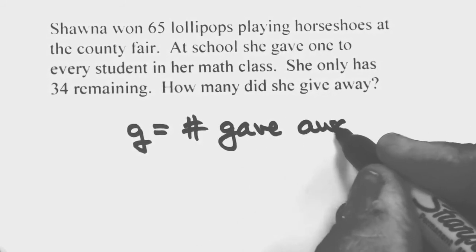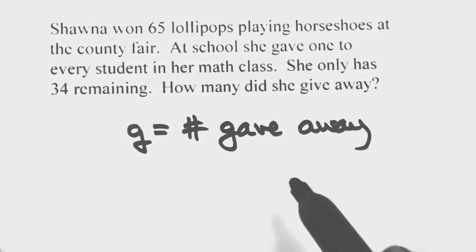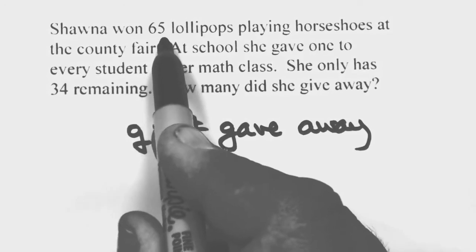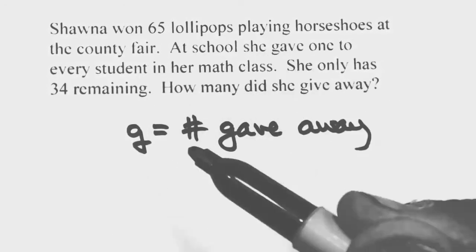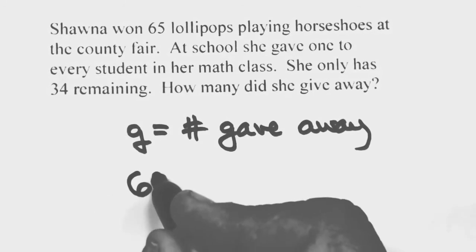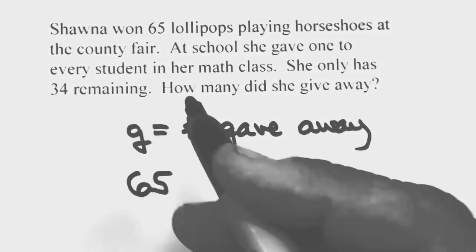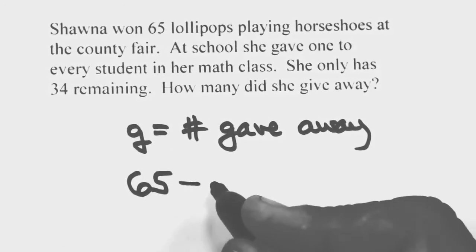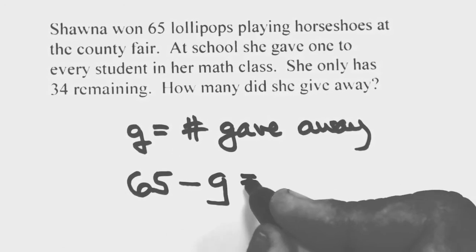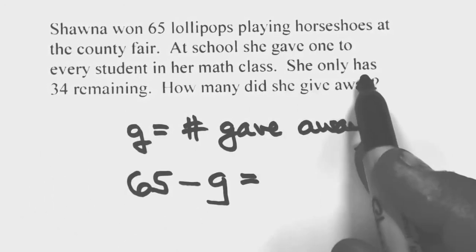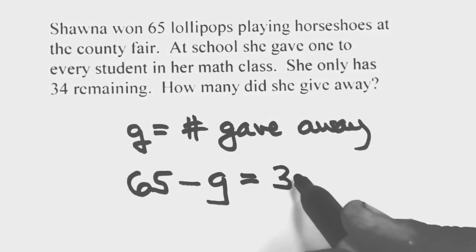Okay, well, here's what we know. She originally had 65 of these. So if we start out with 65, what we do is remove the ones she gave away, which is our G, so minus G equals the ones remaining, 34.